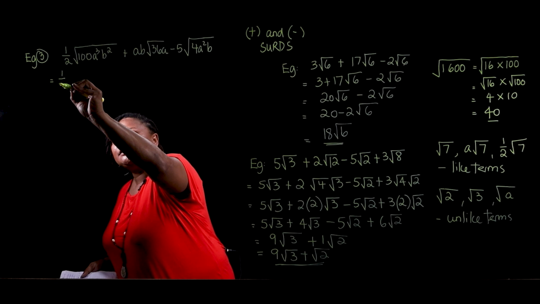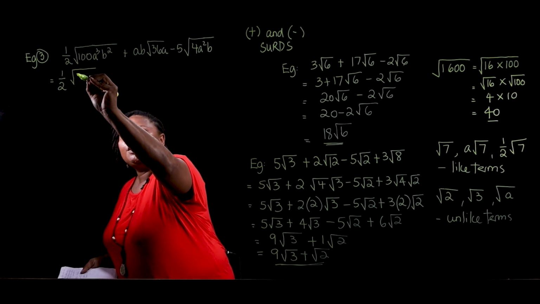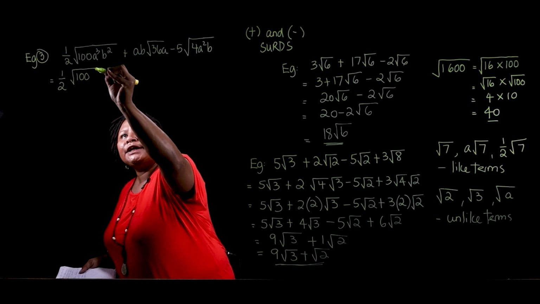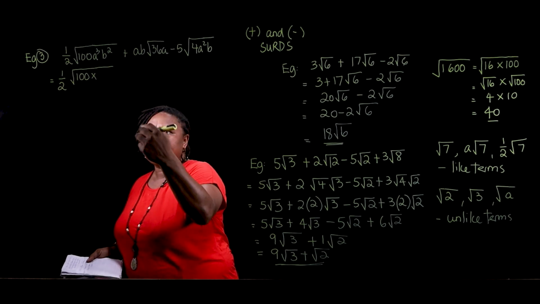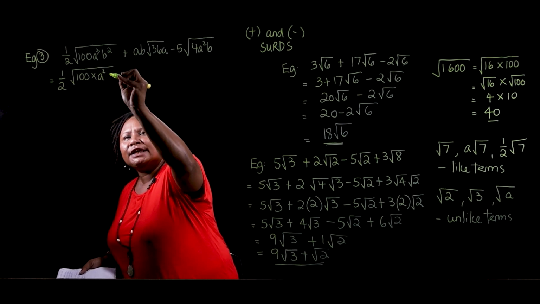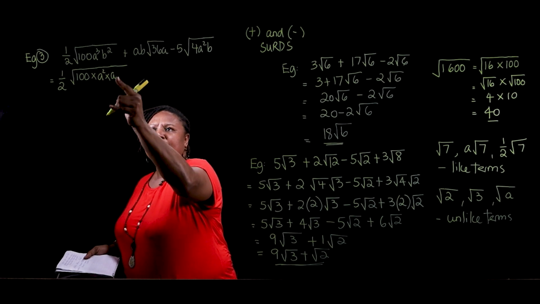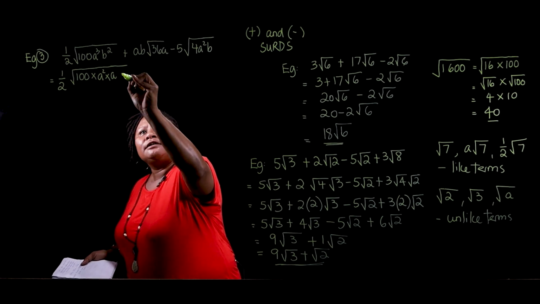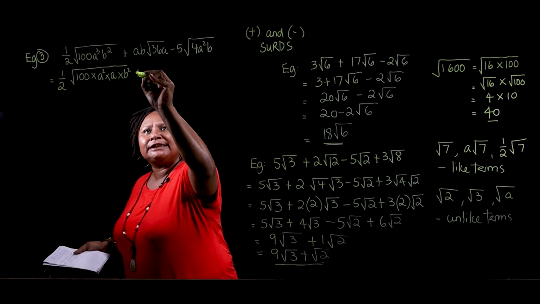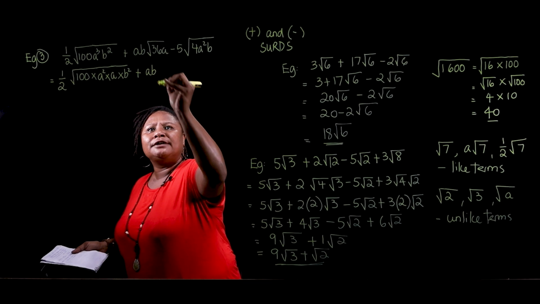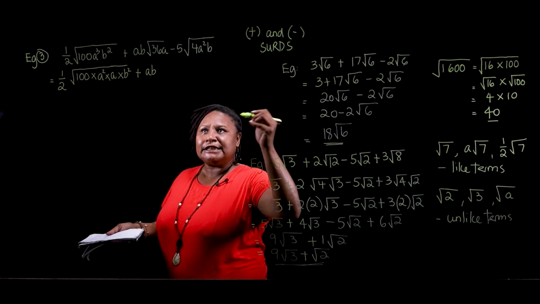We're going to list everything down so we can see where I am simplifying. So half of the square root of 100, okay, multiplied by a cubed, which can be factorized to a squared times a, a square number and one that's not, okay, multiplied by b squared, plus ab. 36 can be factorized as 6 times 6.